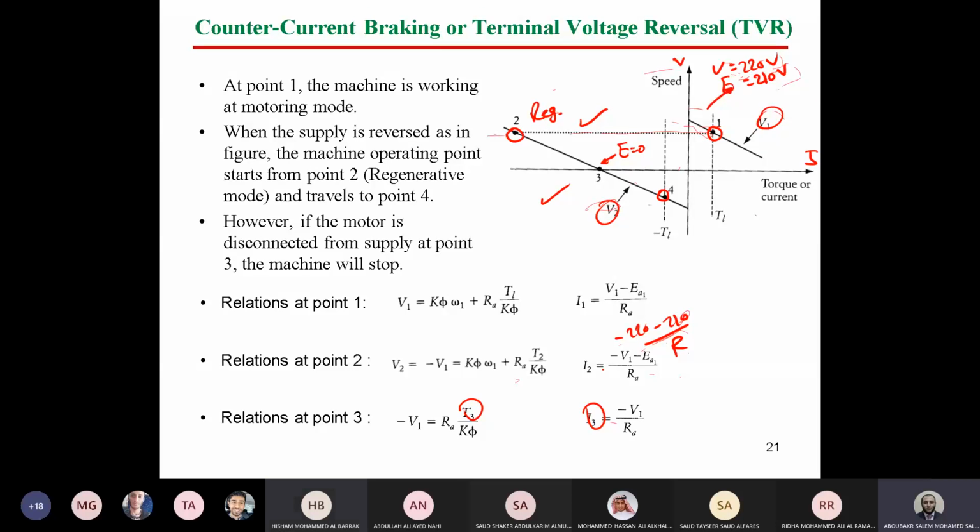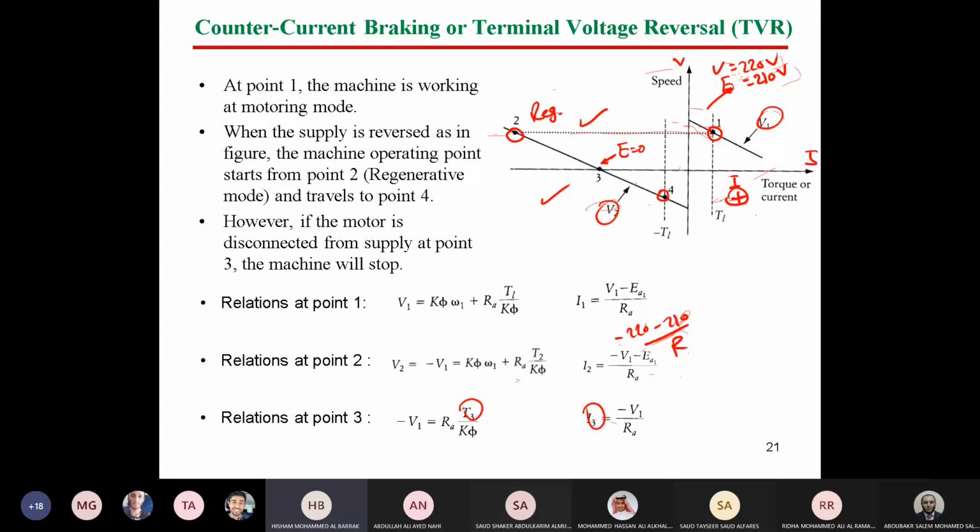Here, as in the quadrants, the current in regions 1 and 4 is positive. Regions 2 and 3, the current is negative. Okay, according to the four quadrants, this is just a mathematical representation. Because I thought that the sign would represent whether it's motoring or regenerative braking mode.